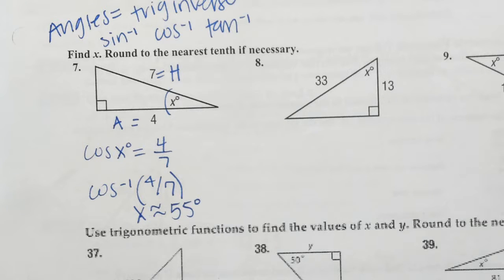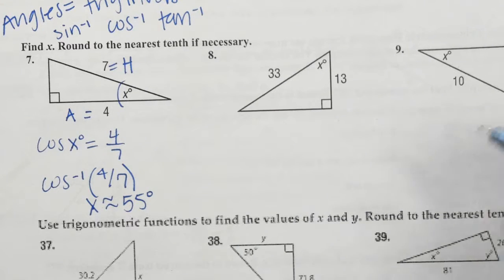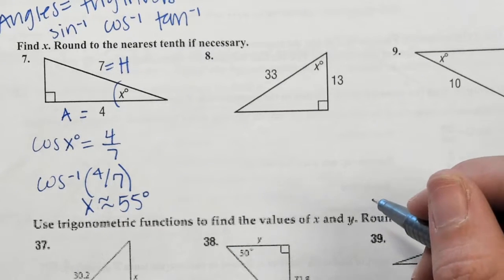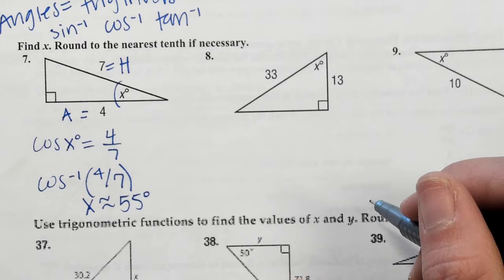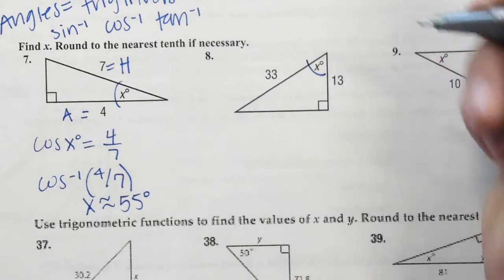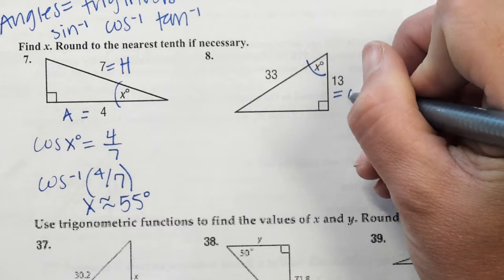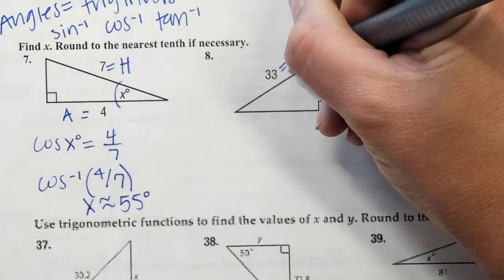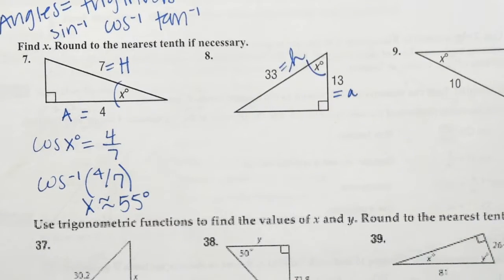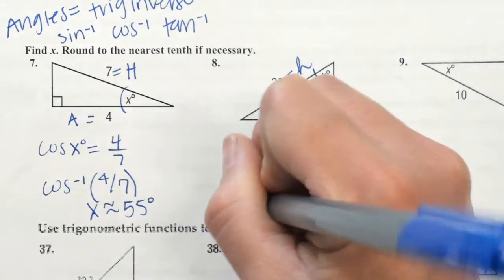Alright, let's do one more together, or I'll just help you set it up. What trig function are we going to use on this one? How do you know? 13's the what? Adjacent. This one is? Good. Go ahead and solve for this degree.